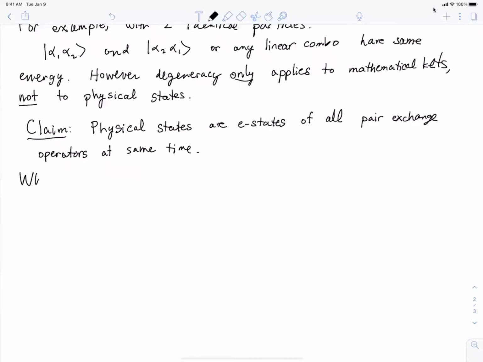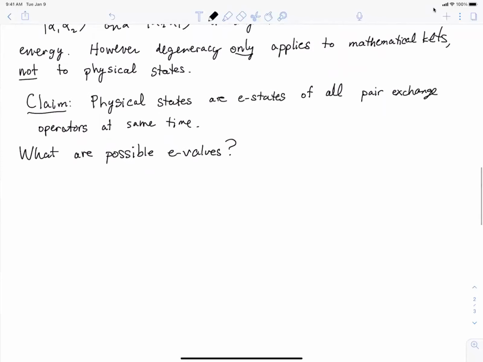Okay, so what are possible eigenvalues if I'm claiming they're eigenstates? And to find out, we just note that if we do a pair exchange on i and j, and then I do it again, I've just gotten back to the same state for sure. So the pair exchange operator squared, this is true for any i and j, has to be the identity operator.